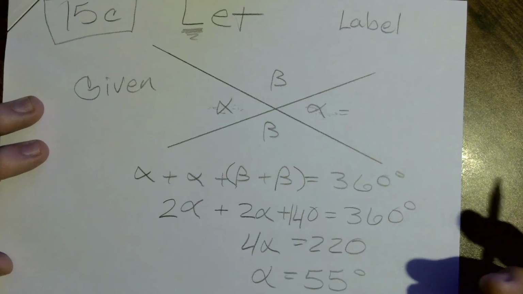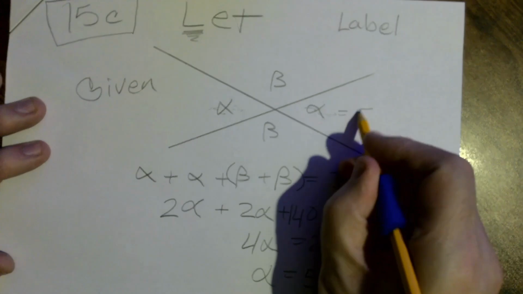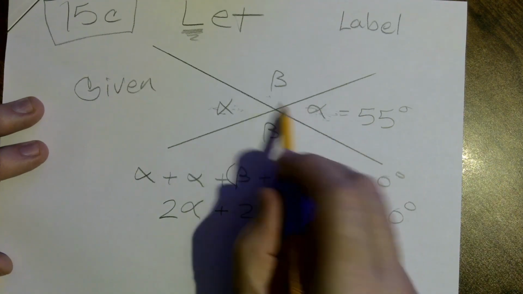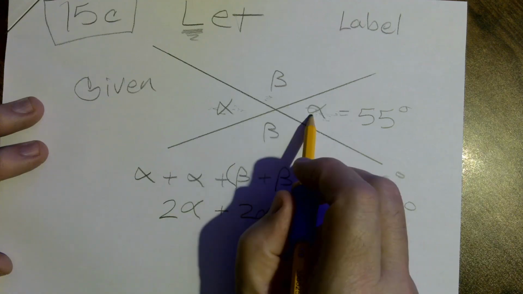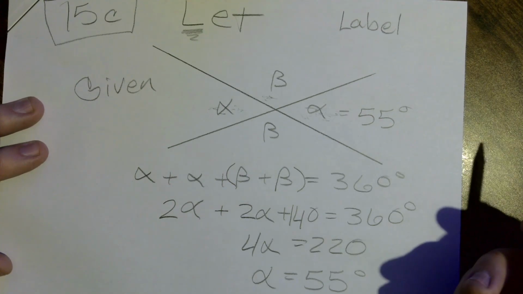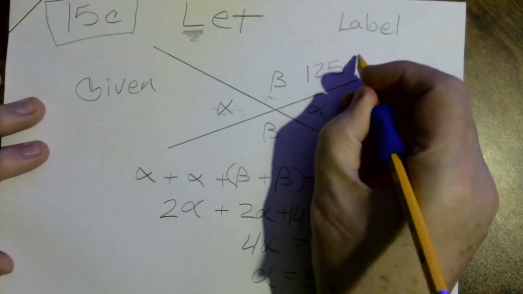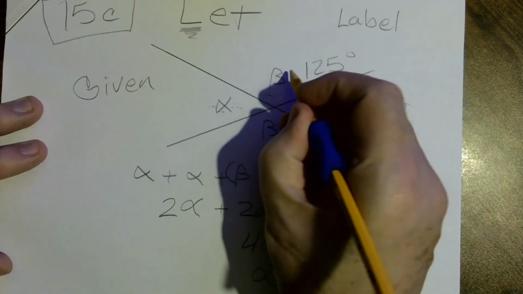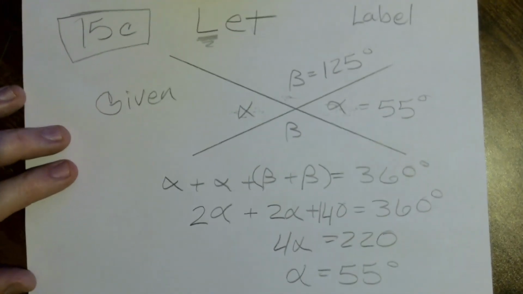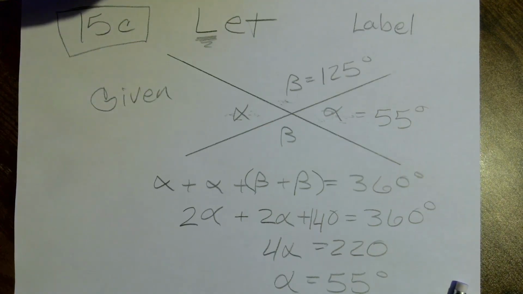But in the answer, it asks what are the measurements of those pairs. It's 55 degrees. That's alpha, and we know beta. These are supplementary angles because they're a linear pair. So we know beta has to be 125 degrees. That's 15C.